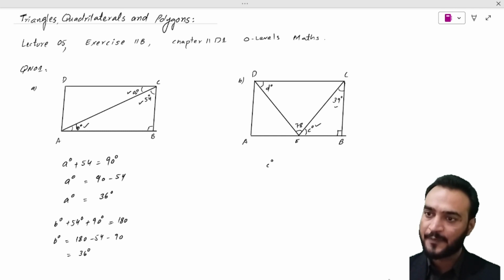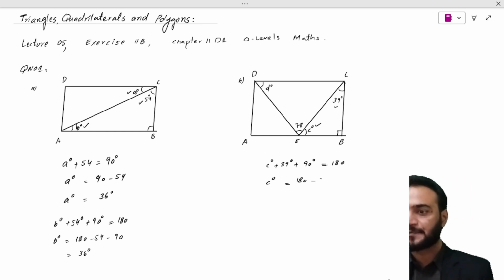So C degree plus 39 degrees plus 90 degrees is equal to 180 degrees. Now the value of C degree is 180 minus 39 minus 90, which gives 51 degrees. So this is the value of C degree.